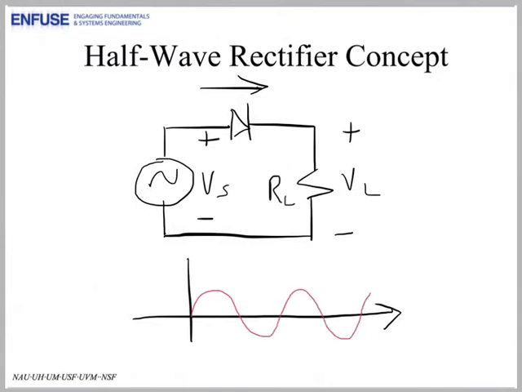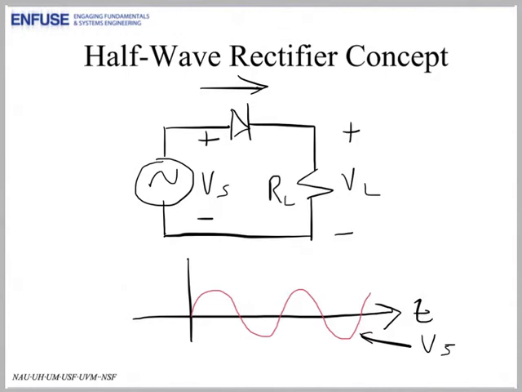Here is our waveform as a function of time of the V sub s. So I will draw an arrow to this called V sub s. And now let's plot what V sub L looks like.